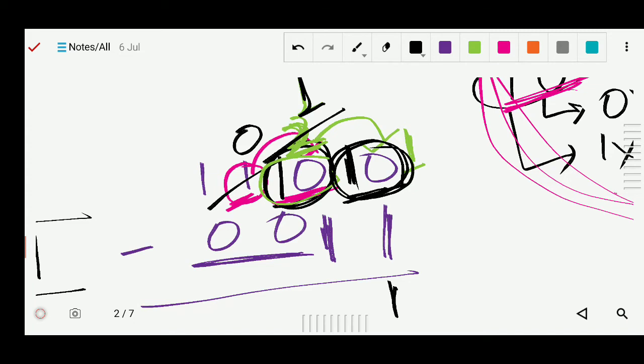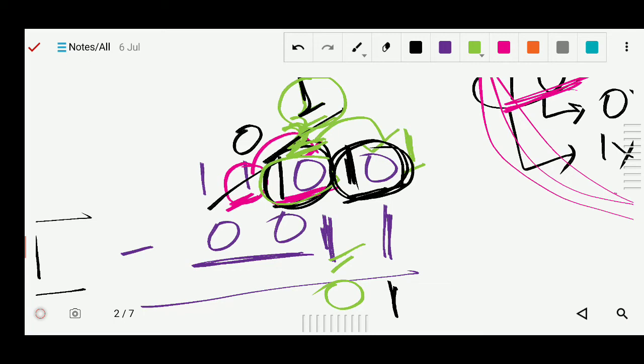Understood? Next, you can see here is left 1, here is what? 1. Okay, now this 1 will be subtracted from the 1. Here is the 1 and here is the 1, 1 minus 1, it became 0.